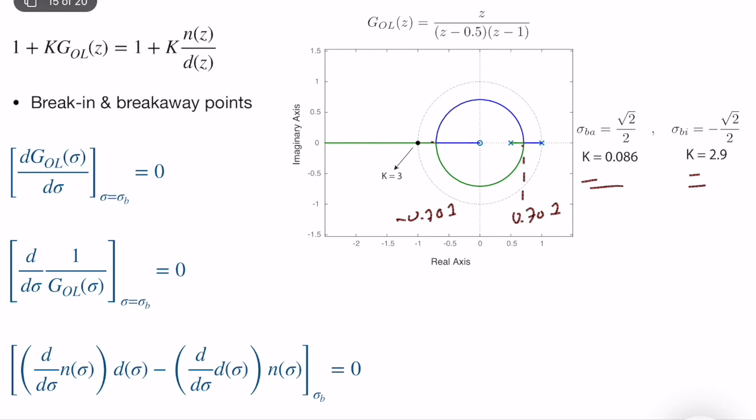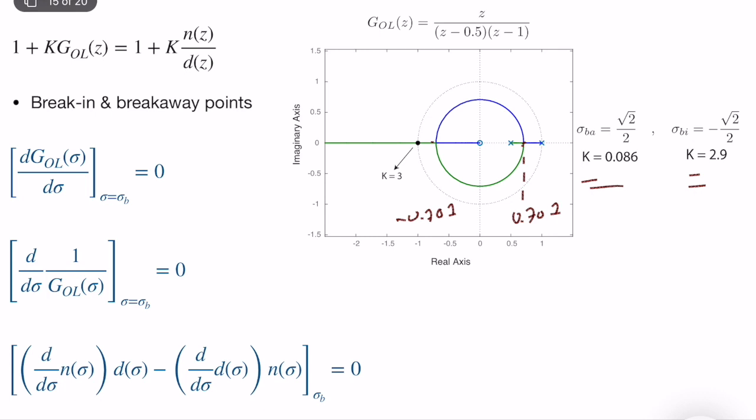At some point, they meet each other when k is equal to 0.08 or 0.09, where the poles are located at square root of 2 divided by 2 on the real axis. Then they break away and move away from the real axis. They will be complex conjugate, and as soon as they become complex conjugate, it will be oscillatory.